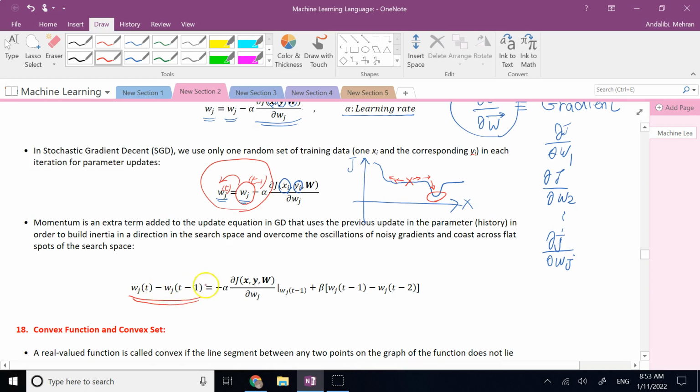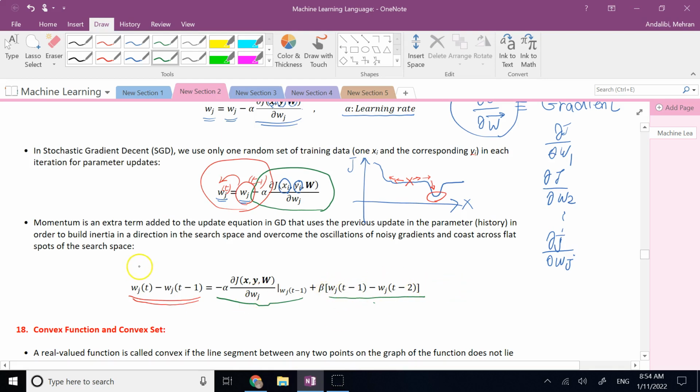It says the amount of update in the weight is not only just negative alpha times the gradient, it's also plus, so far until this point it is the same as the top one. It also gets a portion of the previous amount of update. If you look at this term, it is just like the red term, but one iteration behind.